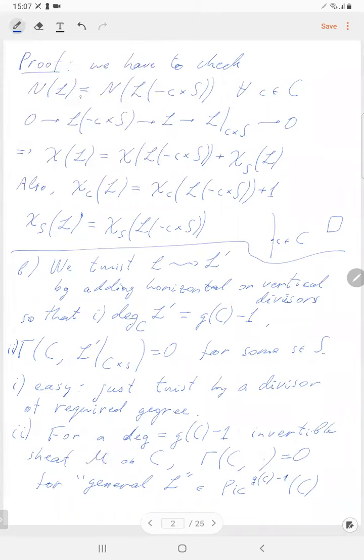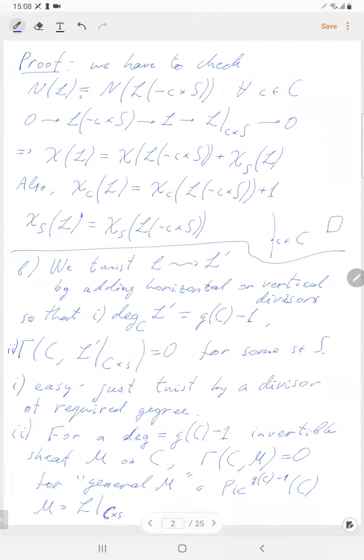Say M. So this M will be L restricted to C times s. There's big C and small s.